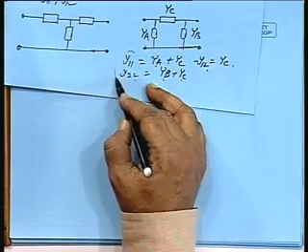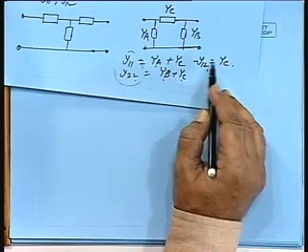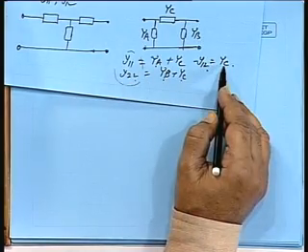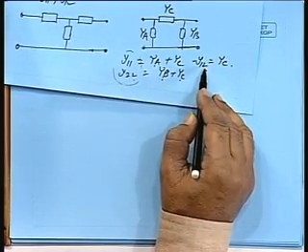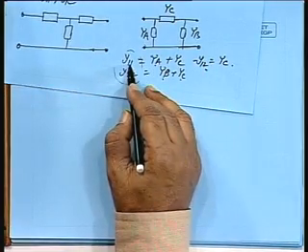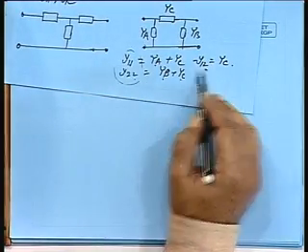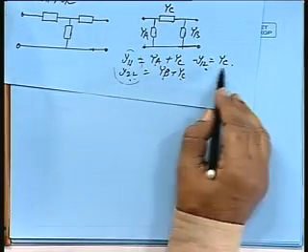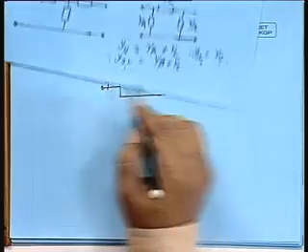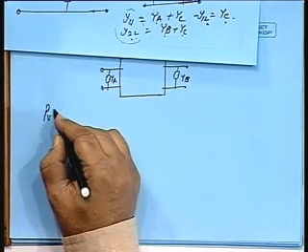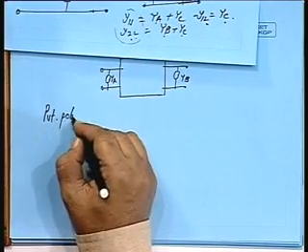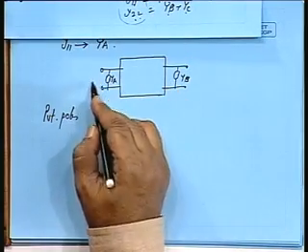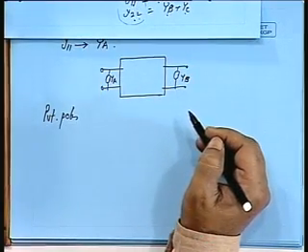I am given Y11, Y22 and Y12. So, out of which I find out the poles which are not present in Y12, but present in Y11. Similarly, the poles which are present in Y22 but not in Y12, I call them private poles of the two ports, private poles of 1 1 dashed and 2 2 dashed.